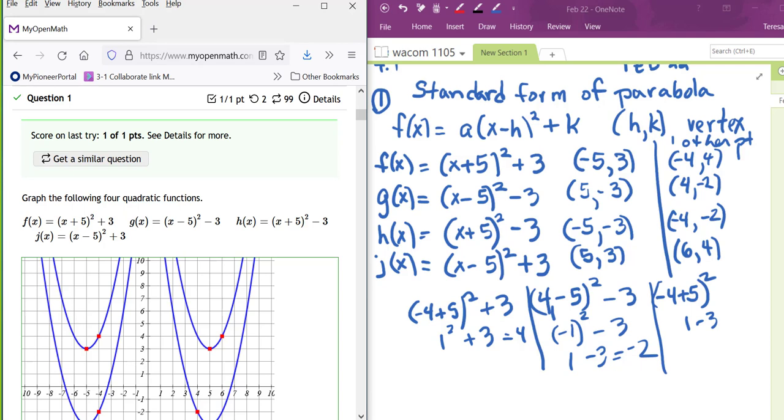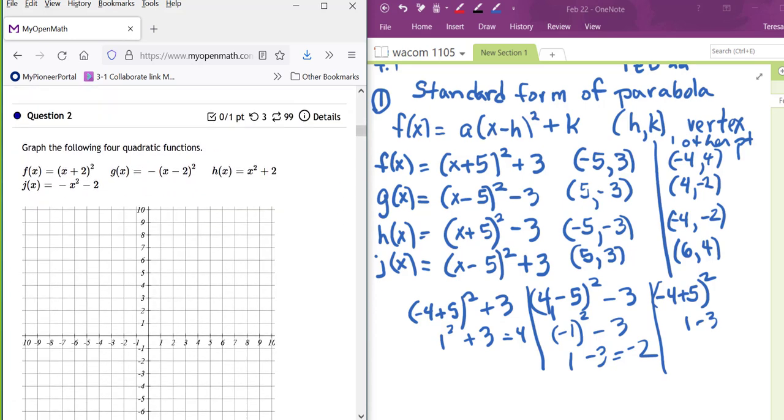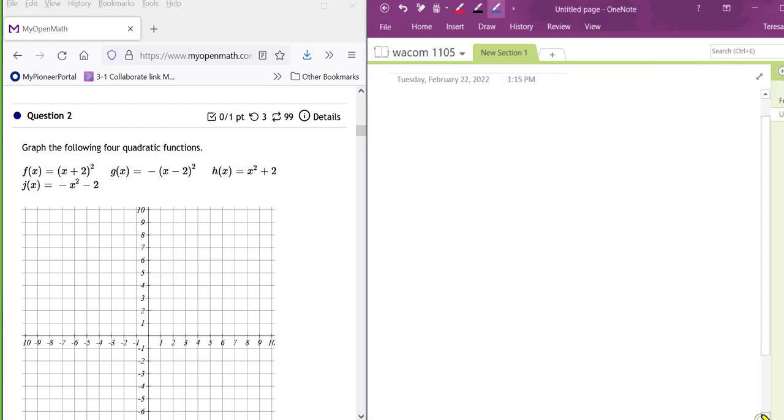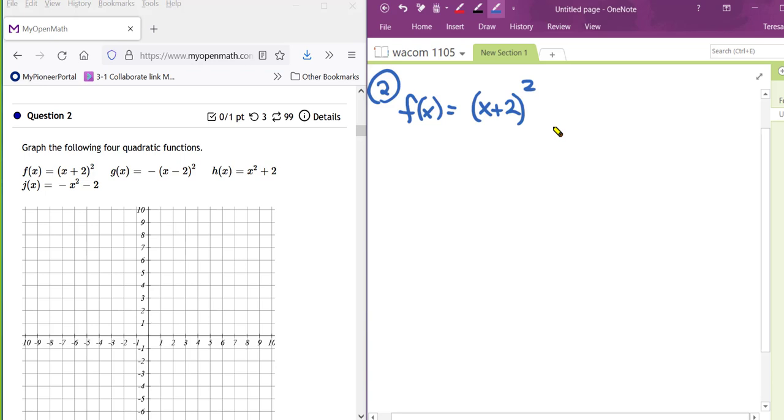All right, next one I picked, and we don't have to graph every one of these. These had a couple of variations I wanted you to see. There's not a number here at the end on the first one, and so it would be 0 to get your form.